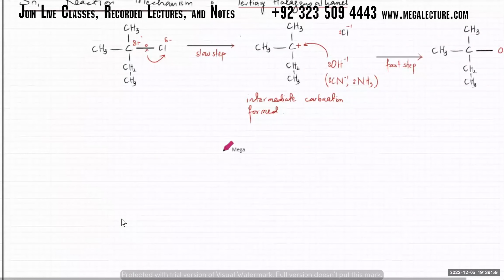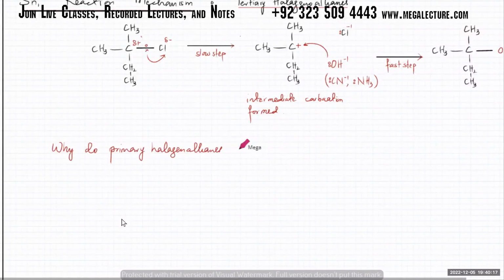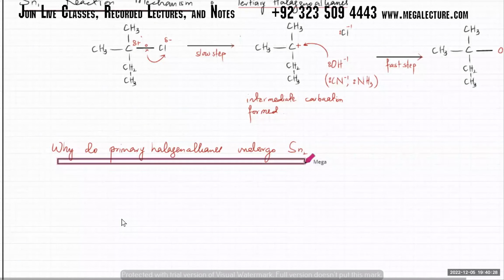The question is, why do primary halogenoalkanes undergo SN2 mechanism? Okay, that's the question. So the answer to that is they have a very unstable carbocation.